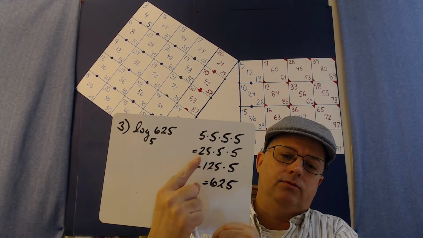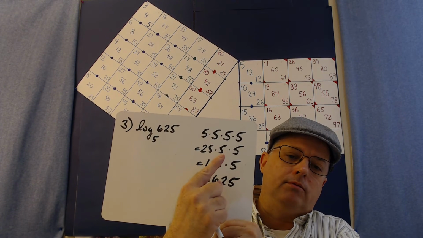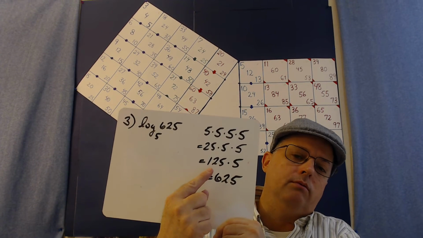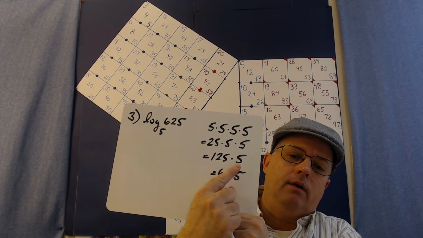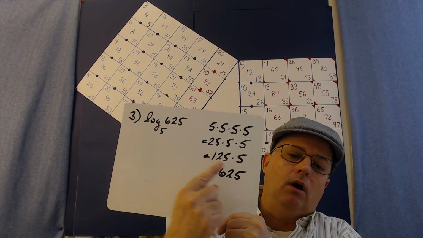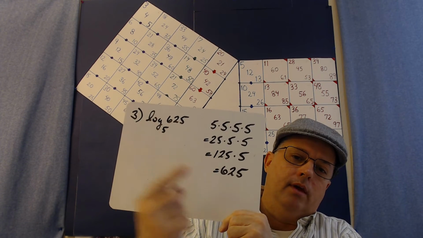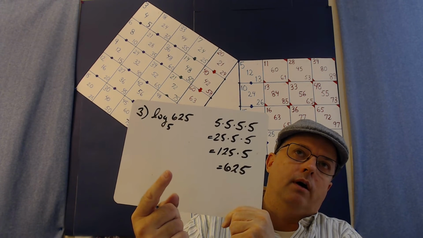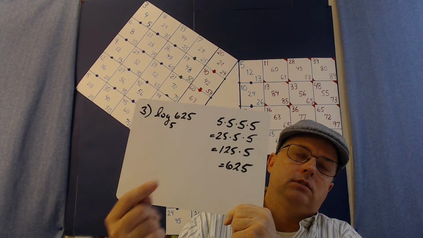5 multiplied by itself 4 times. Let's see, 5 times 5 is 25. And then 25 times 5, if you have 5 quarters, that's $1.25. And then if you have $1.25 5 times, well, let's see, $1 5 times is $5. And then 5 more quarters, that's another $1.25. So $1.25 and $5, that's $6.25.